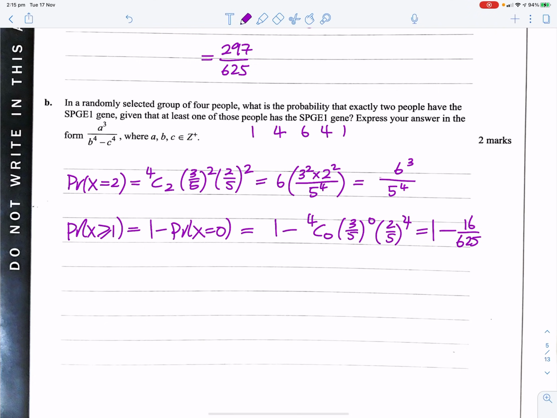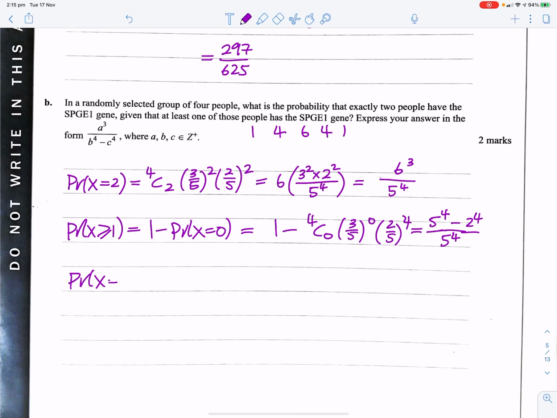Let's just do it with numbers. If I take 16 off that, I'm going to end up with 609. So here we could say 625 over 625. We could join them together, put a negative in the middle. We know that's 5 to the power of 4. We know that is 5 to the power of 4, and we know that's 2 to the power of 4.